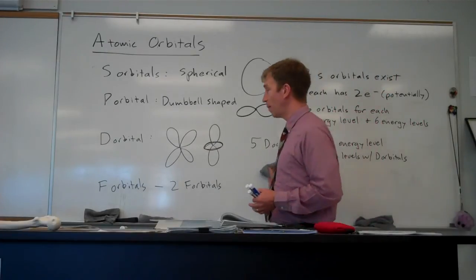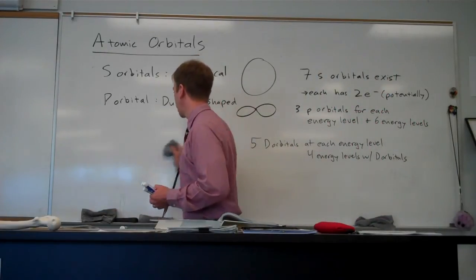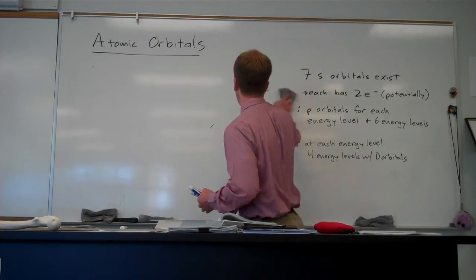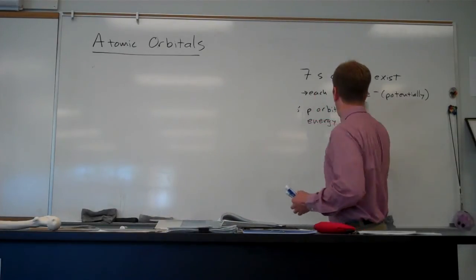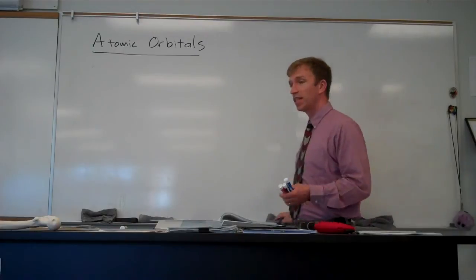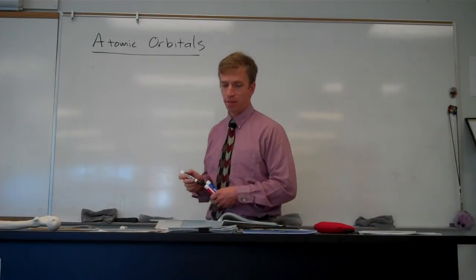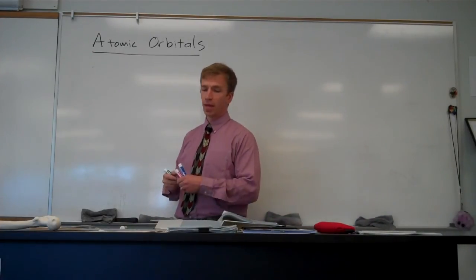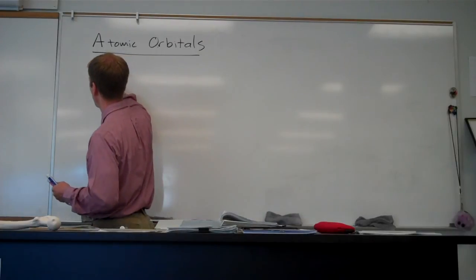One more quick thing about the orbitals and the energy levels, hopefully to clarify that a little bit. We have designated numbers for each energy level. We designate those with the letter n.